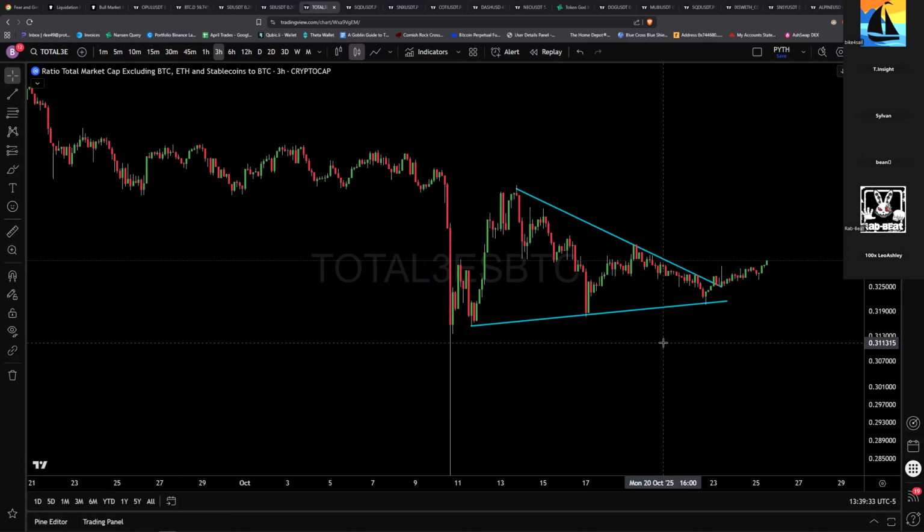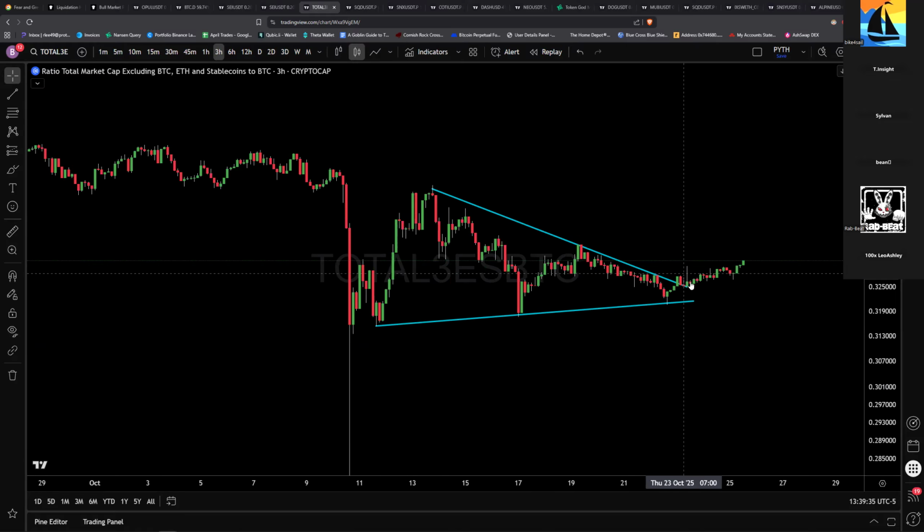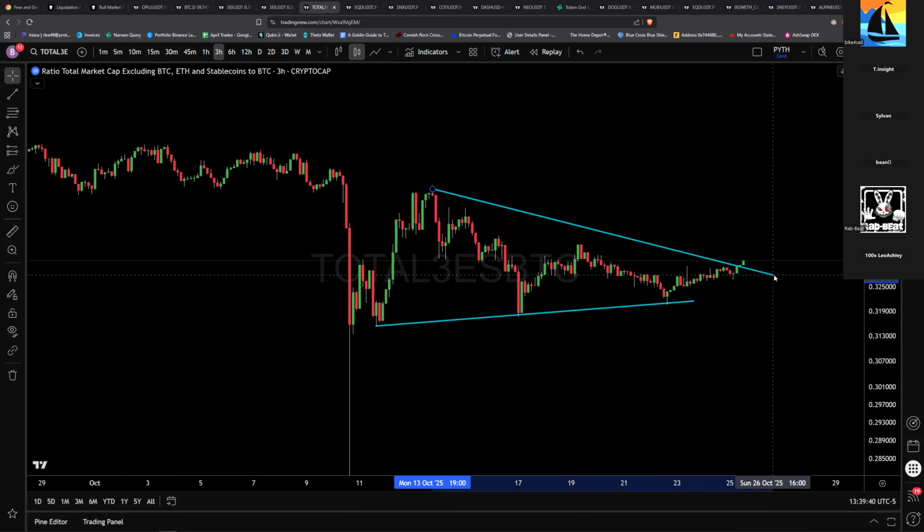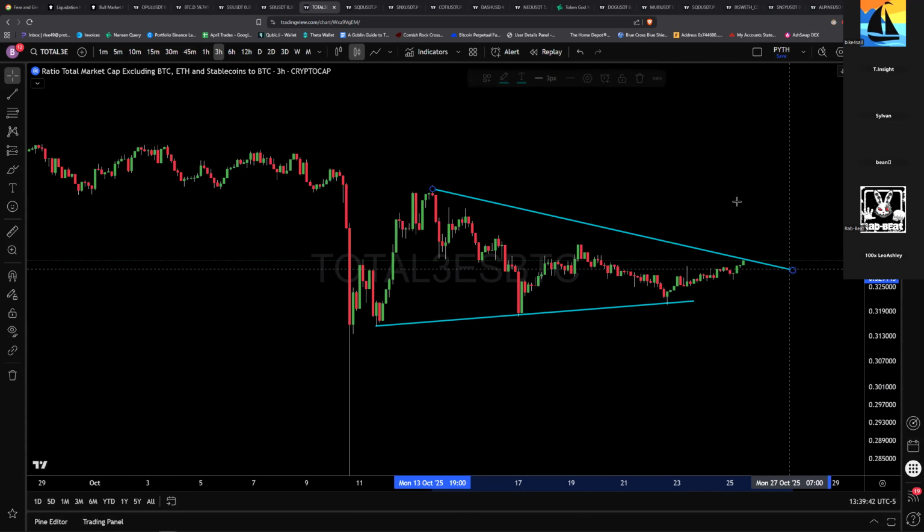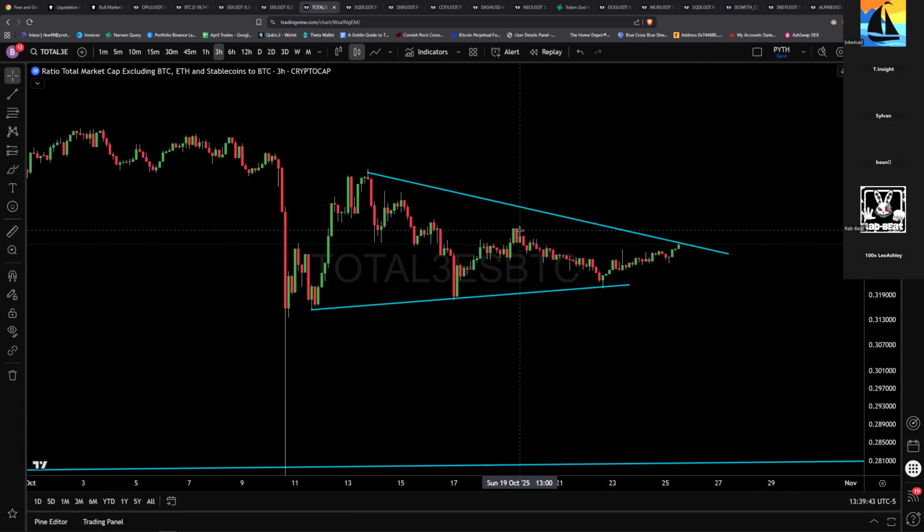I'll be honest, I don't know if this is the actual breakout from this structure. It could be that the top's up here somewhere and I'm just seeing a mid-range rejection. But so far, we're seeing a pretty clean break. It even retested the top of this trend line.